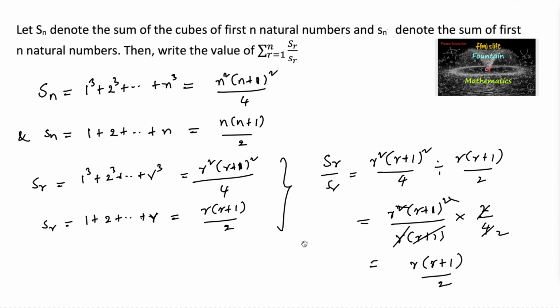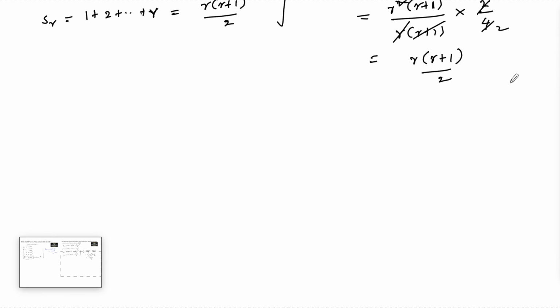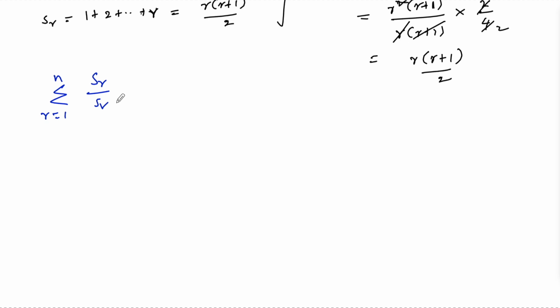And let us consider the summation over r is equal to 1 to n of capital Sr upon small sr, which is equal to summation over r is equal to 1 to n of r into r plus 1 upon 2.